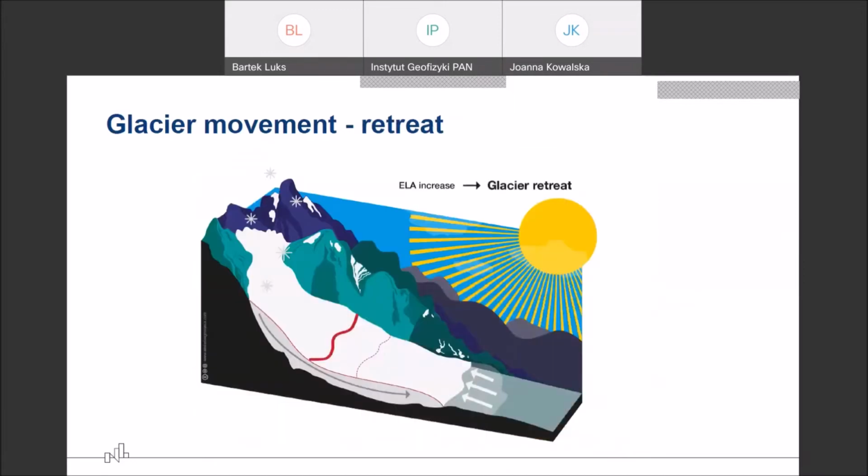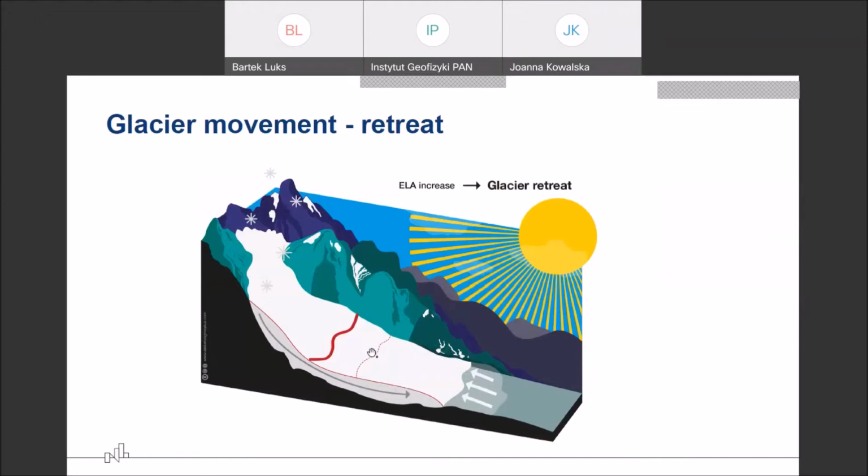Now we are with retreat, which is unfortunately more common to most of the glaciers in the world now. It happens when ELA is increasing, which means that the lower part of the glacier, well, formally we call it movement, but formally it's not movement, it's melt out.